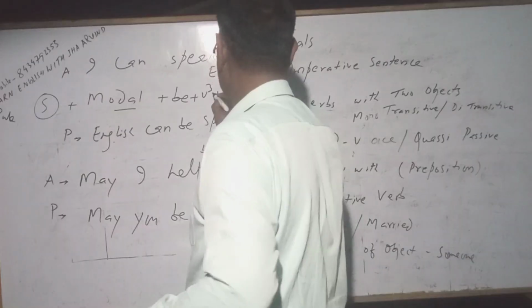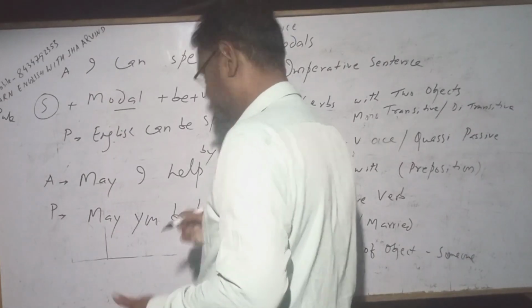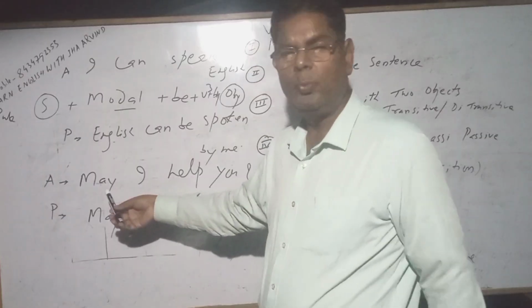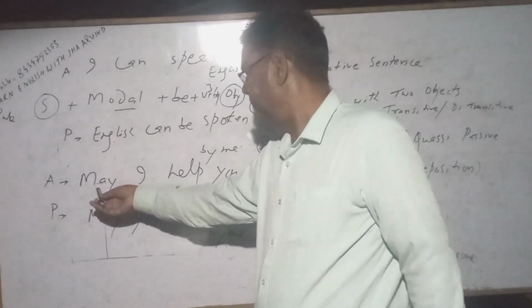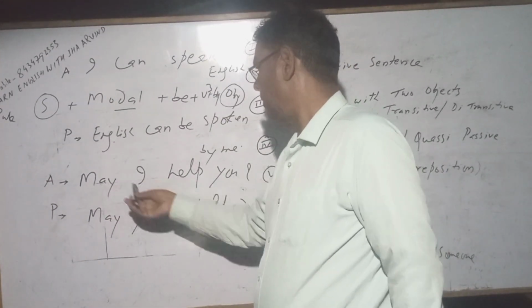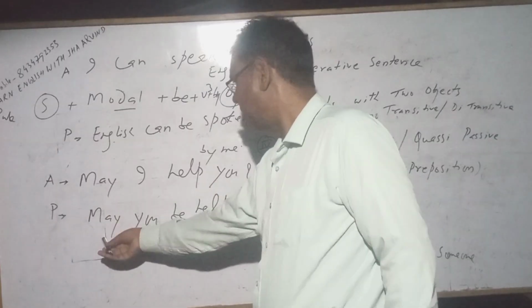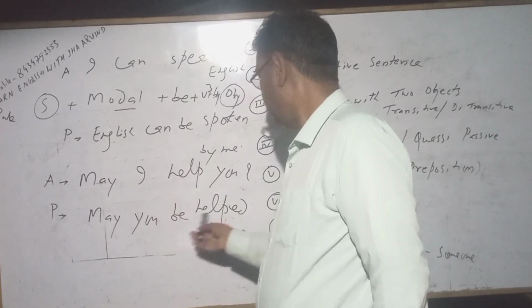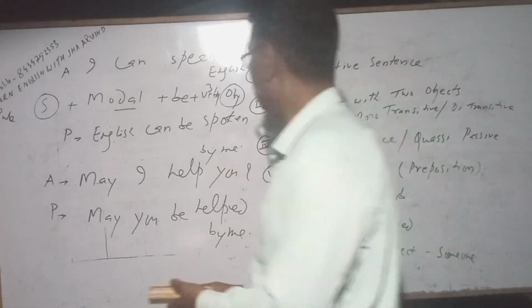And again, if the modal is in the beginning, May I help you? May means modal will be in the same place. You will come here, subject. May you be helped by me. It's okay. It is all about modals.